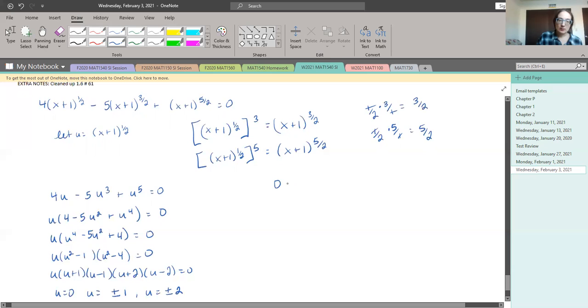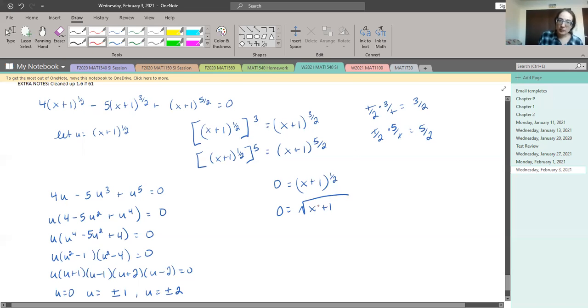So if we plug in 0 for u, we have 0 equals (x + 1)^(1/2). Raising to the 1/2 power is the same as taking the square root, so these are equivalent ways of expressing this.